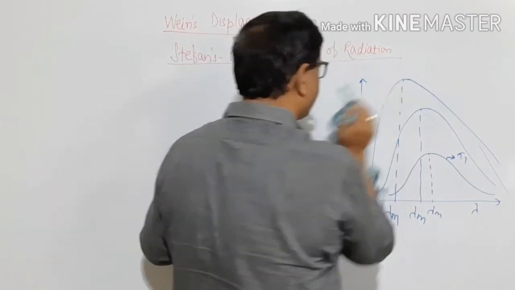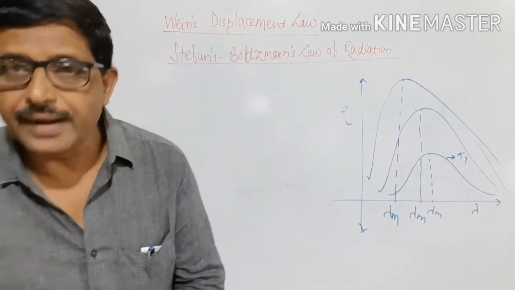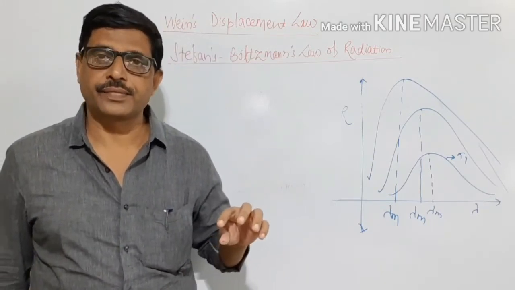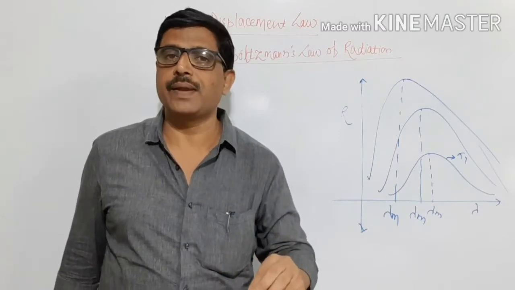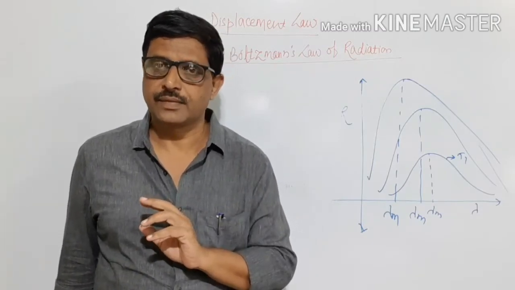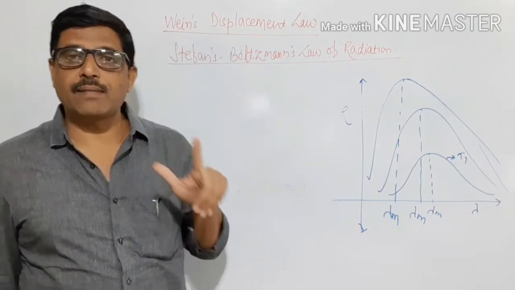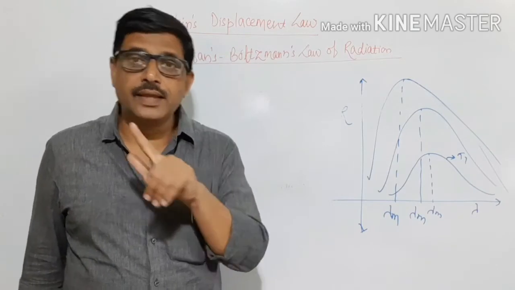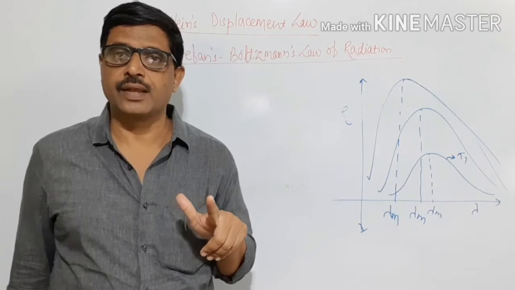What are those? The black body radiates energy, and the energy emitted by the black body is maximum as compared to other bodies at the same temperature. This is one thing. The other thing is that black body radiation consists of different wavelengths.